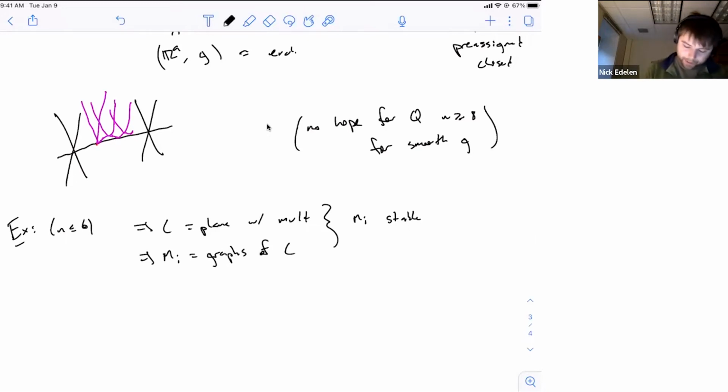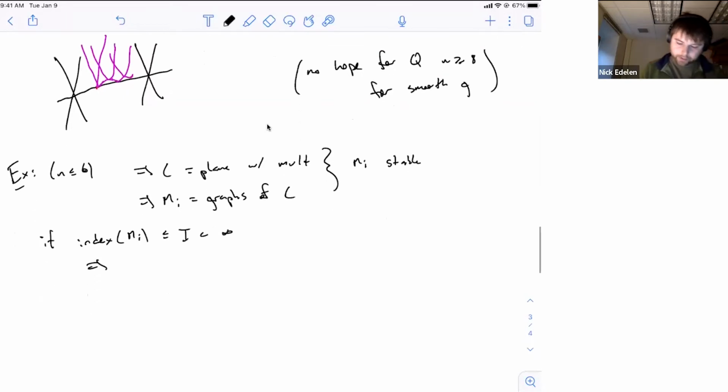And even if the MIs aren't stable, but they have bounded index, so if instead the index is uniformly bounded, then there have been several works recently considering this. It turns out the MIs are not going to be graphs, because there could be at most I points of index concentration where your convergence fails to be smooth, but it turns out that the MIs still have controlled geometry and topology.